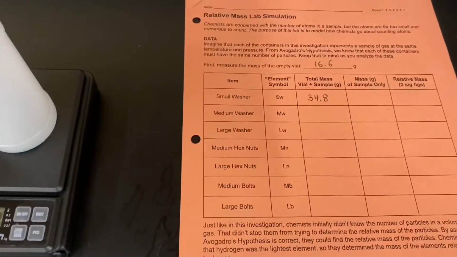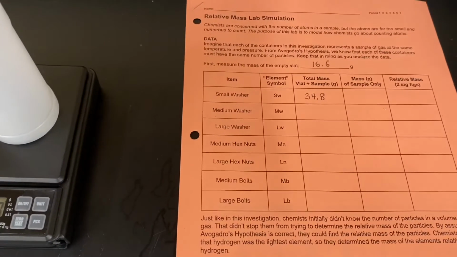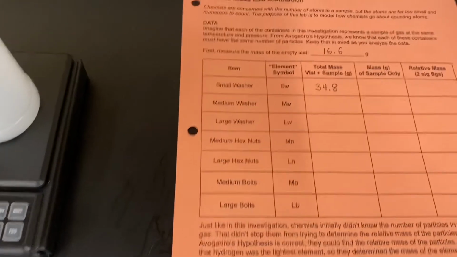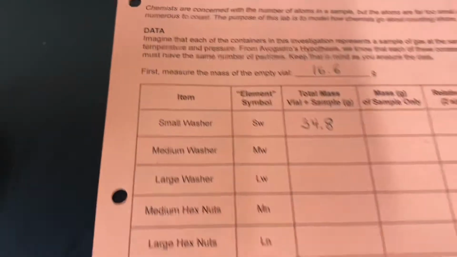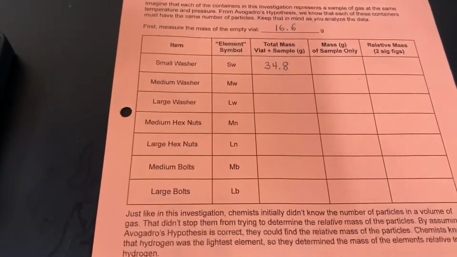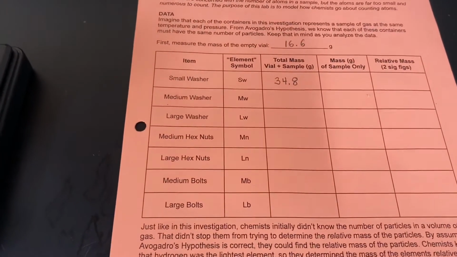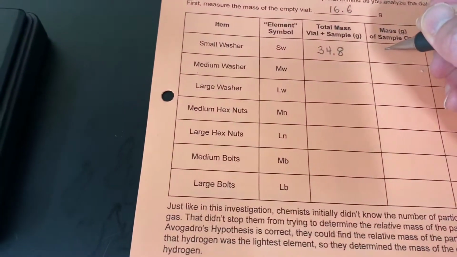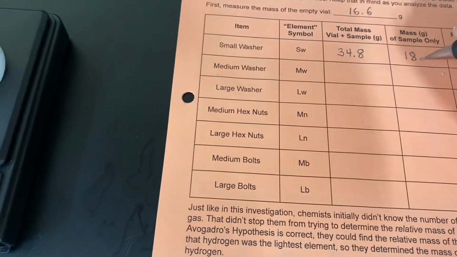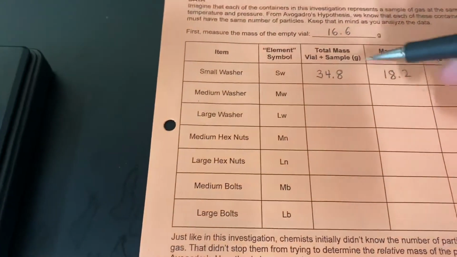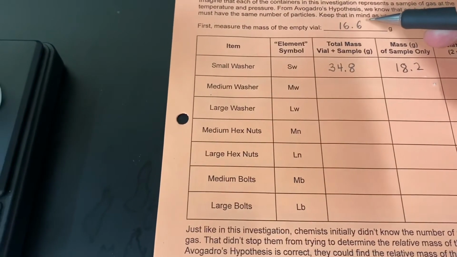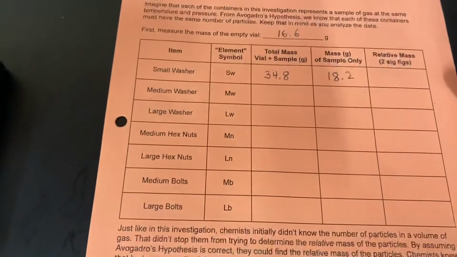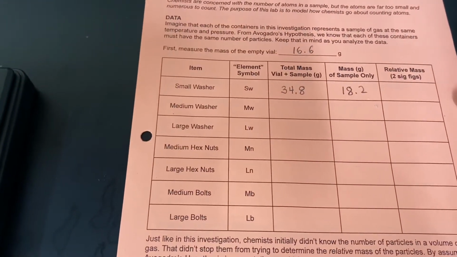Now that is the mass of the small washers and the container. We need to subtract out 16.6 grams if we want to know the mass of the sample only. We're just subtracting out the container mass each time. So 34.8 minus 16.6 is 18.2. That is going to be the least massive sample.